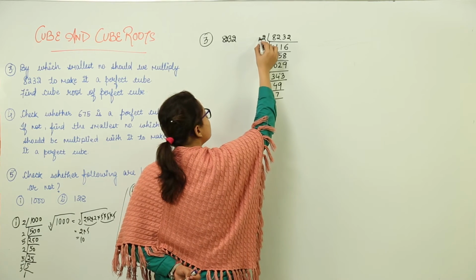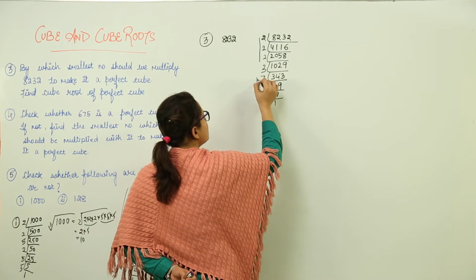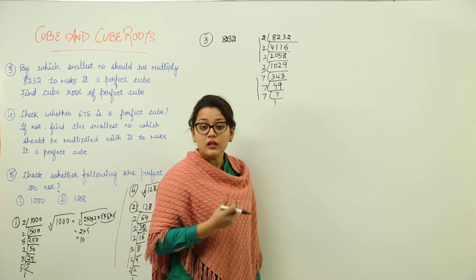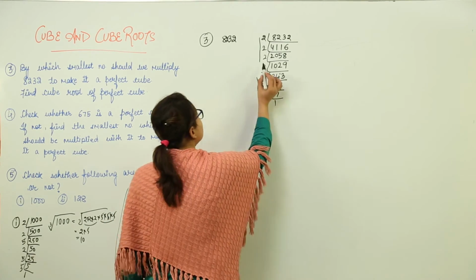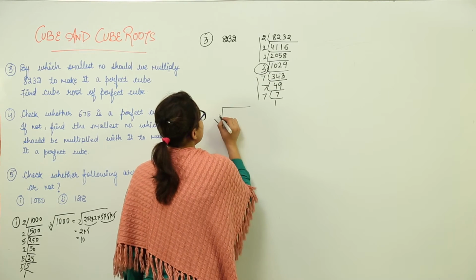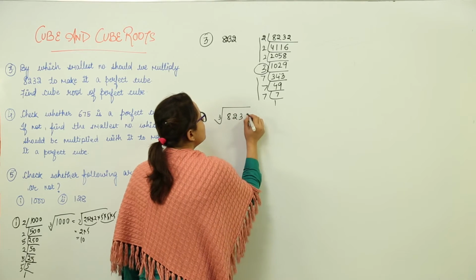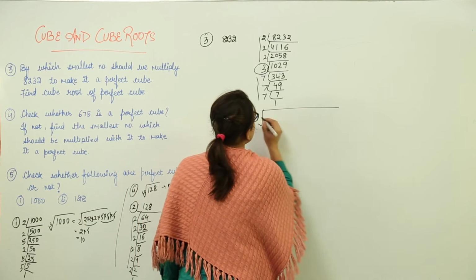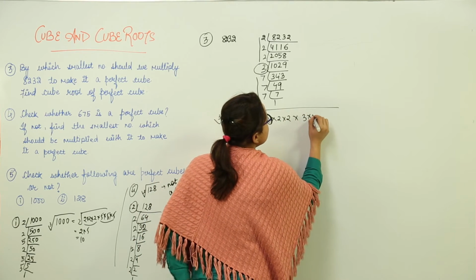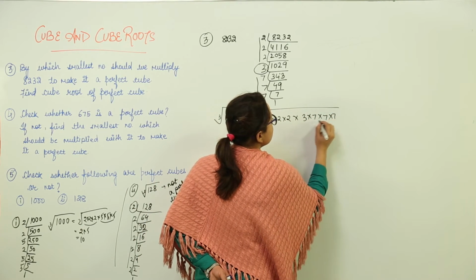Now here we can see if we do the grouping, what do we get? We have grouped these numbers. Are we left with any ungrouped factor? Yes, we are left with 3. Now if you write the factors for 8232, you would get the cube root of 2 into 2 into 2 into 3 into 7 into 7 into 7.